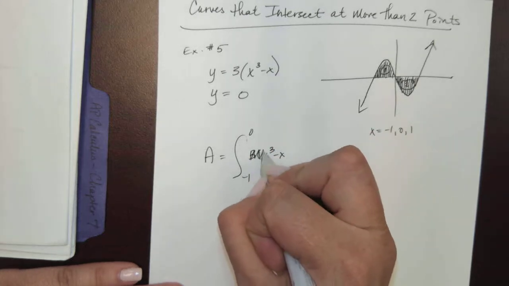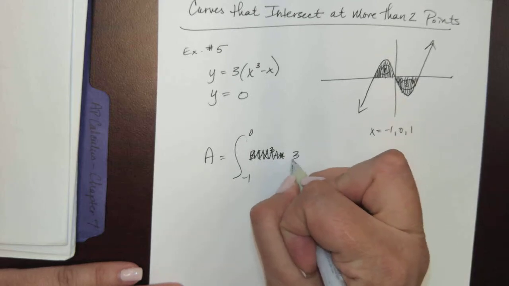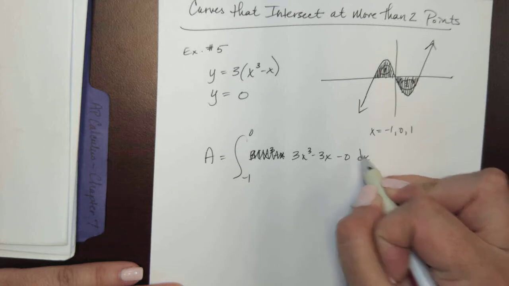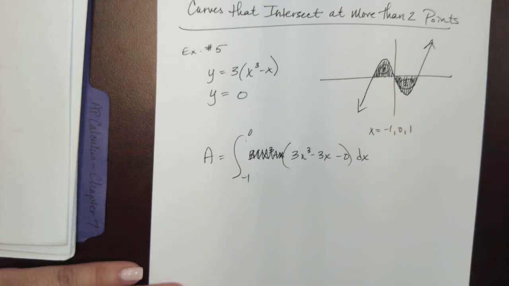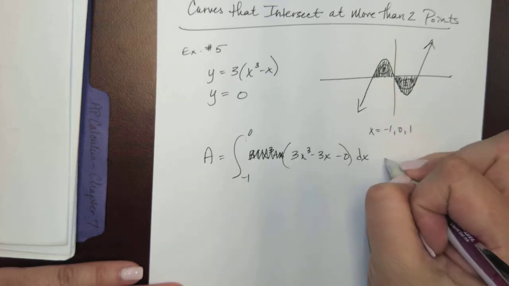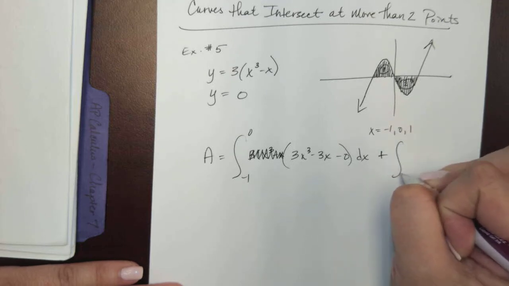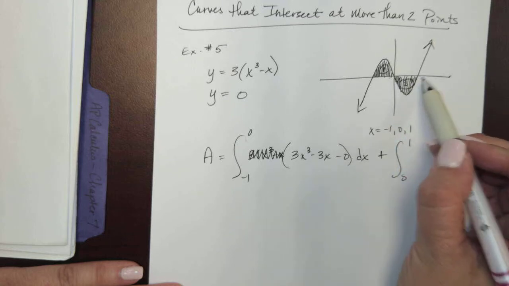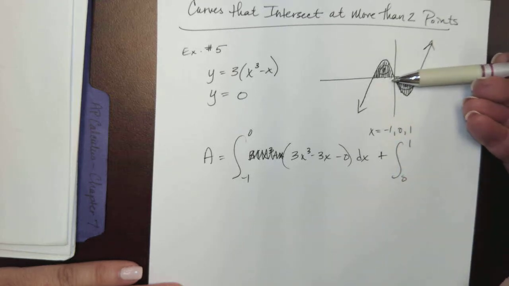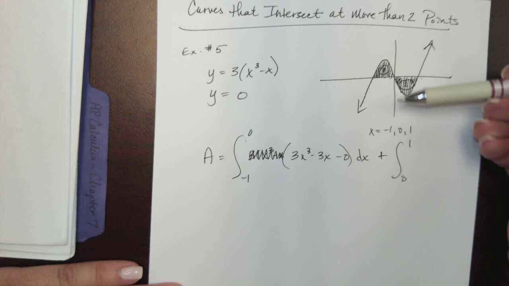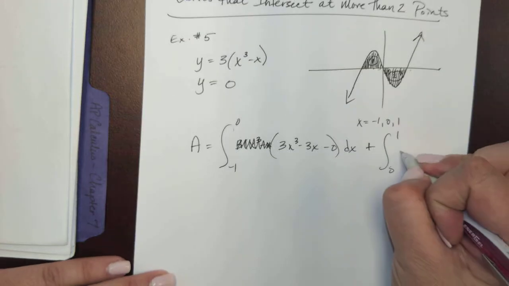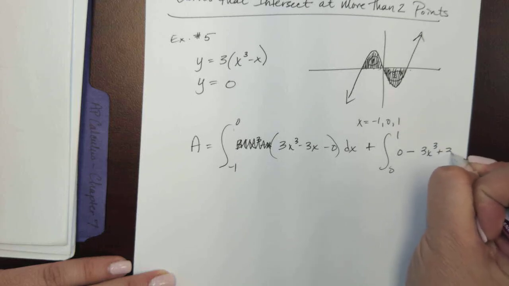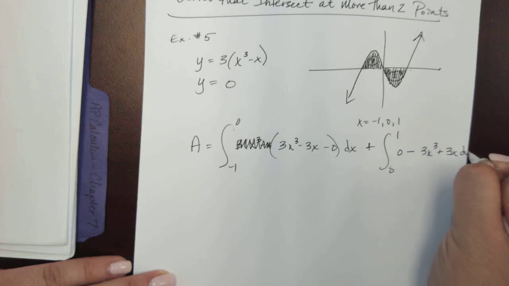Well, I'm going to just distribute that 3 for easier: 3x cubed minus 3x minus 0 dx. I'm going to put that minus 0 in there so we know we're subtracting. And then plus integral 0 to 1, right? Because now I'm going from here. My upper function is now 0. My lower function is the cubic. So 0 minus 3x cubed plus 3x. I distributed the negative.